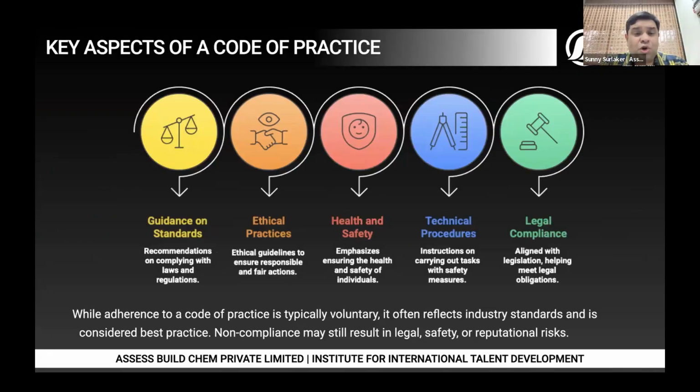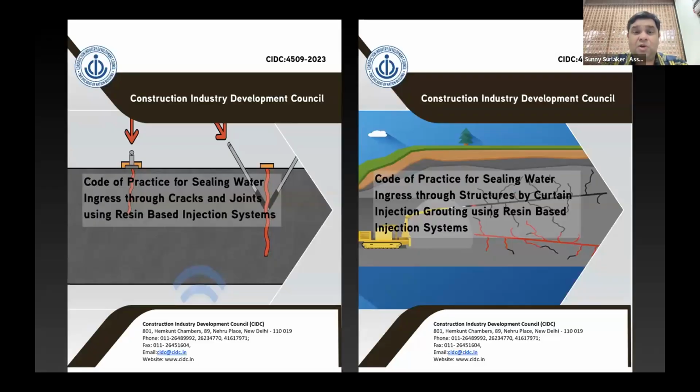Sometimes codes also talk about other things such as ethical practices, the right way to do things, health and safety, technical procedures, as well as legal compliances that a particular process must follow. So a code of practice is typically voluntary; it tells you a lot about the industry standard and best practices. So it is nothing that is written in stone that something has to be done a particular way.